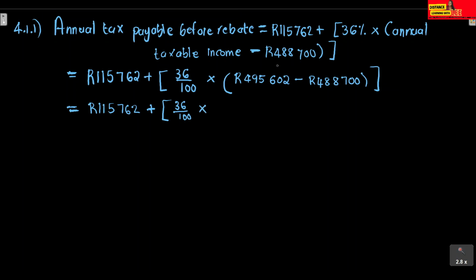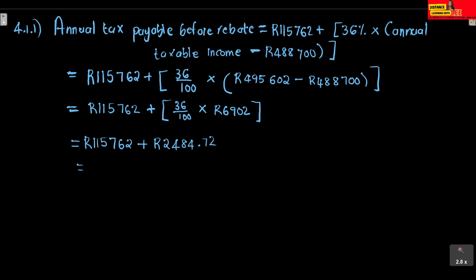Then you multiply by 495,602 minus 488,700, which is 6,902. And then, what is 36% of 6,902? 36 divided by 100 multiplied by 6,902 is equal to 2,484 rand and 72 cents.